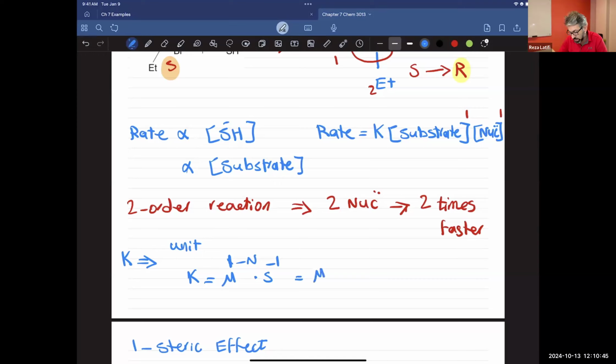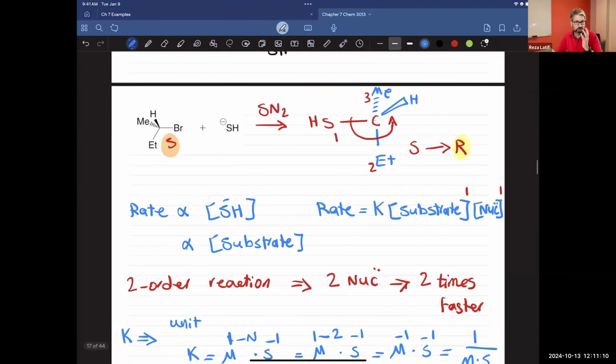So it will be M to the power 1 minus 2 multiplied by s to the minus 1, which is equal to 1 over M multiplied by s. This is a second order reaction, K is the rate constant, and the unit for the rate constant is 1 over molar second.